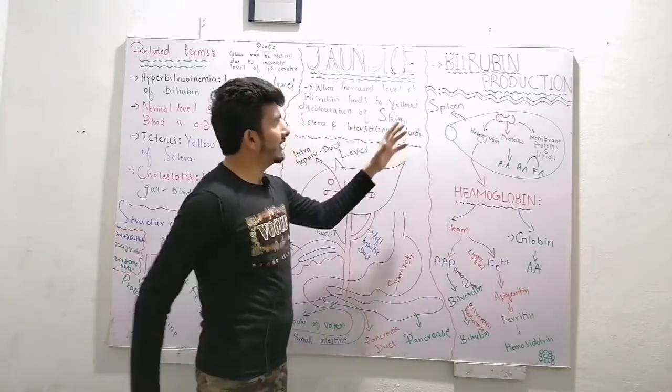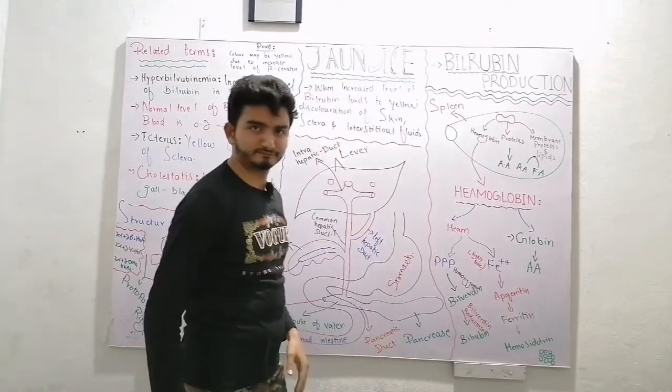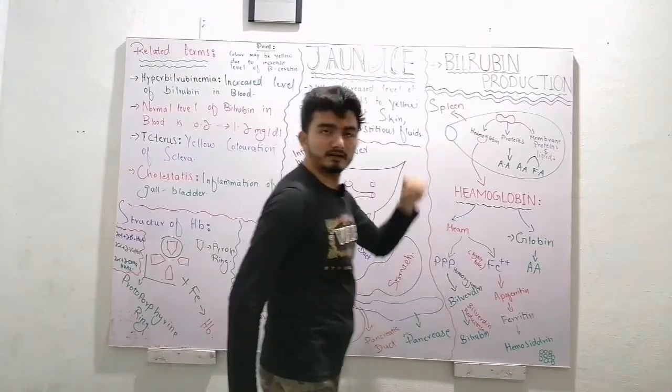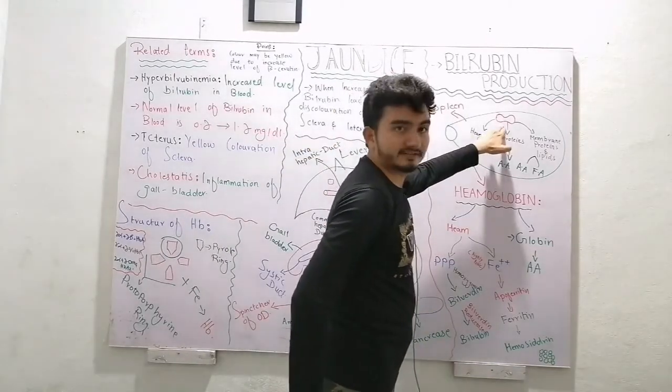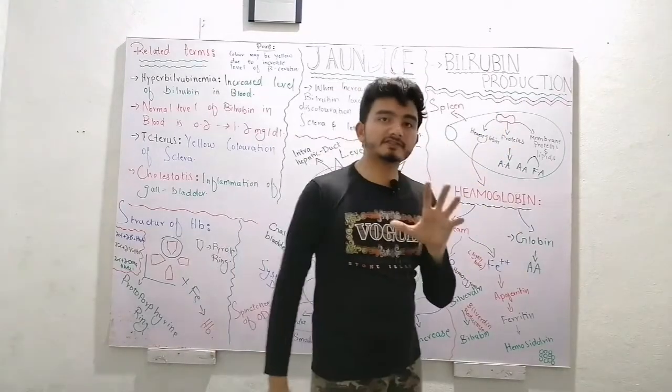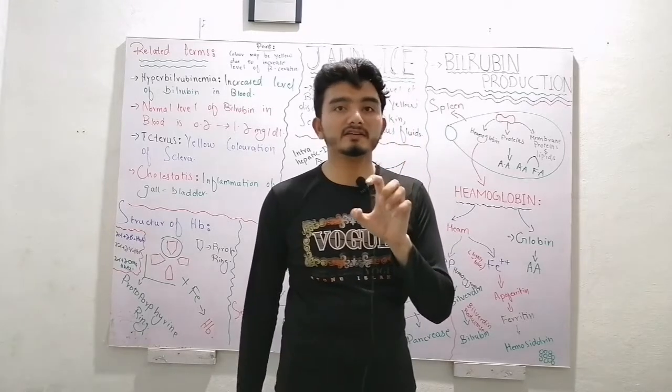Okay, how is bilirubin produced? As you know, this is the red blood cell, and this is the spleen. The destruction of red blood cells occurs in the spleen.